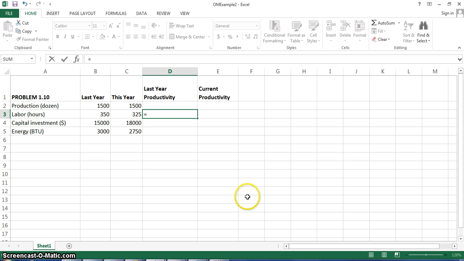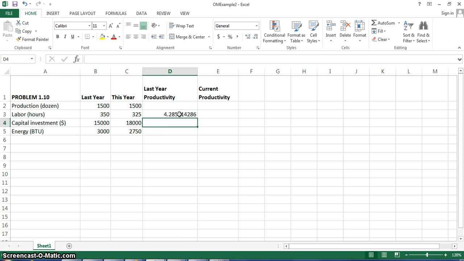To do this, we can take the output or production and divide this by each of the inputs. I'm going to put a dollar sign, or absolute reference, in front of row 2 because I want to divide the output by each of the measurements, each of the inputs.